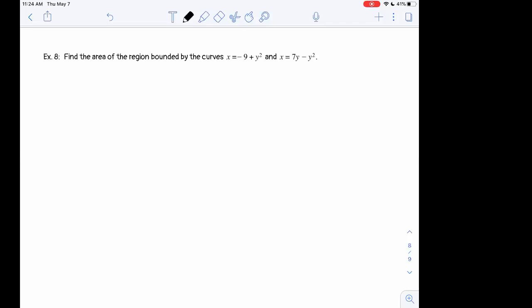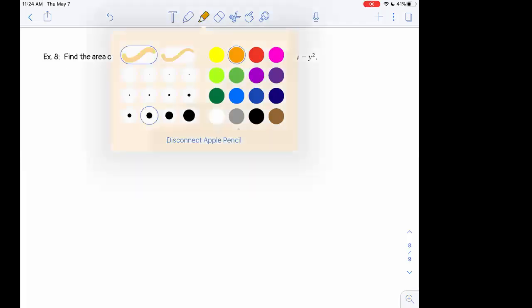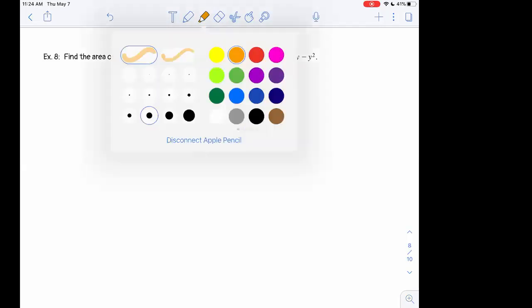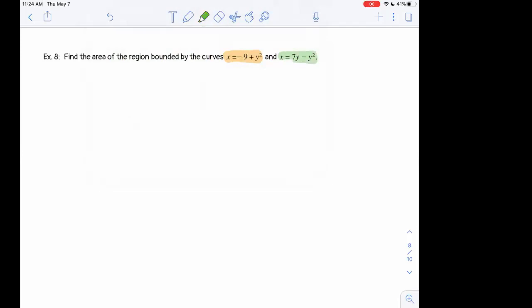Yeah. So as uncomfortable and unfamiliar as equations in terms of y are for us, sometimes they're giving us the equations in a specific way to say, hey, do the right curve minus the left curve, because that's what's going to be easier for you.